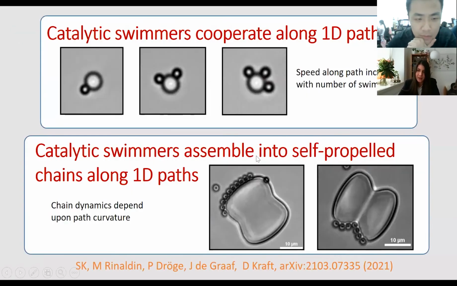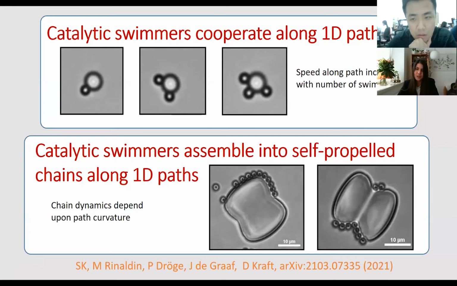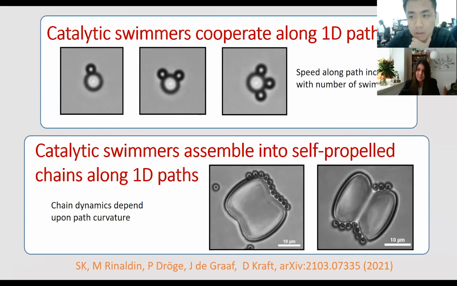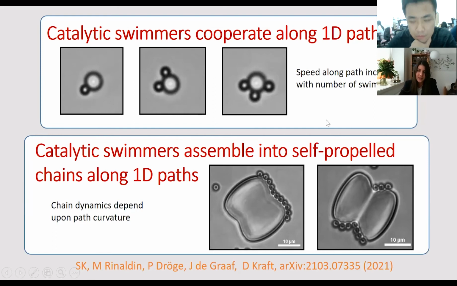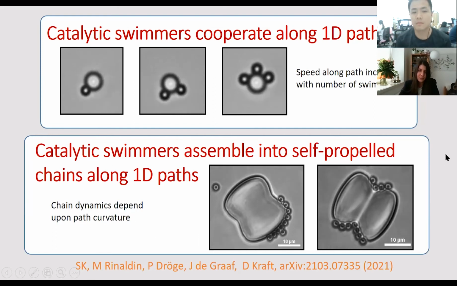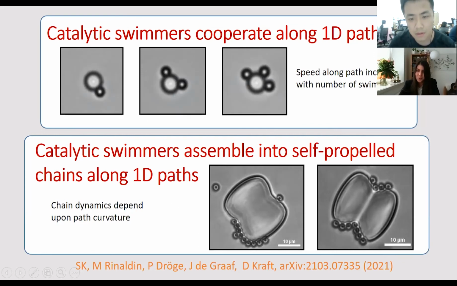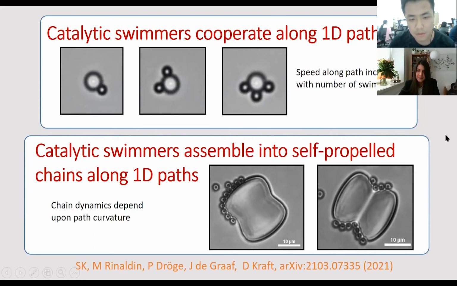In this way, we managed to go from a two-dimensional motion to actually confine motion in one dimension. We find some really interesting behaviors when it comes to the speed of the particles, and we also find that particles can assemble into self-propelled chains. If you would like to know more, please look at this article that we uploaded on arXiv.